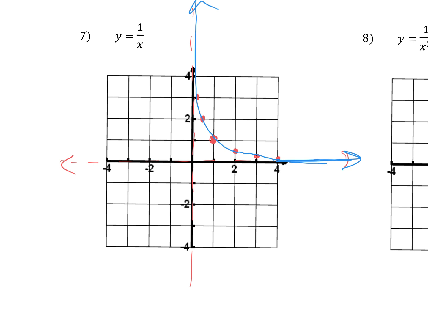And that trace function, I think, is helpful to see. If I did -1, I've got a -1 over here. And then again, it's just going to get closer and closer to those asymptotes.